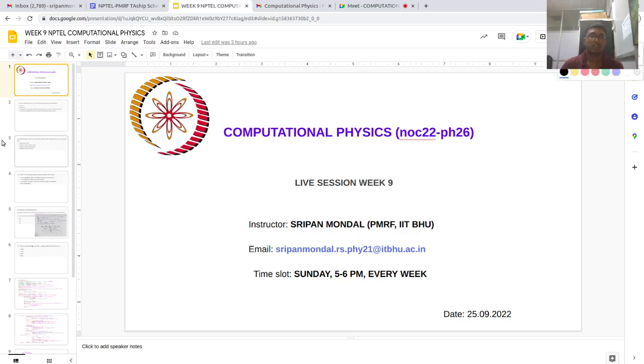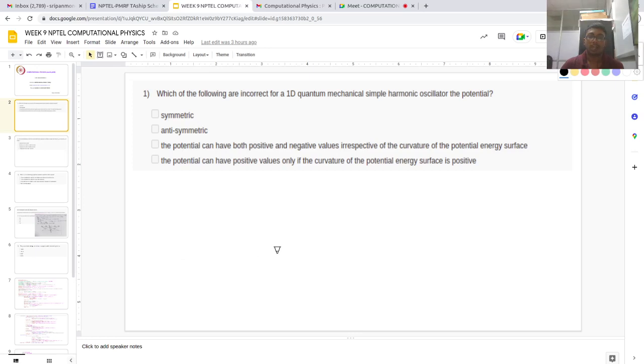The Schrodinger equation is: minus h-bar squared by 2m, d2 psi by dx squared, plus V psi equals E psi, right?